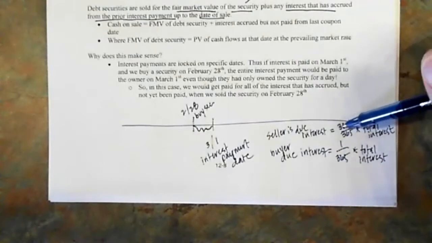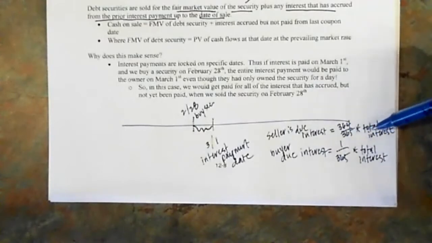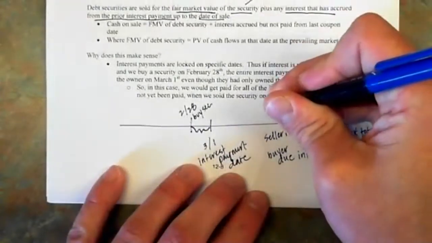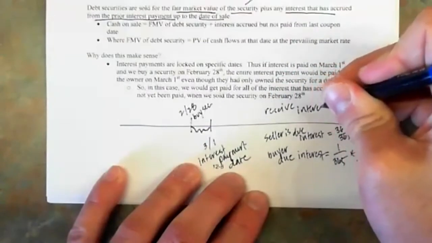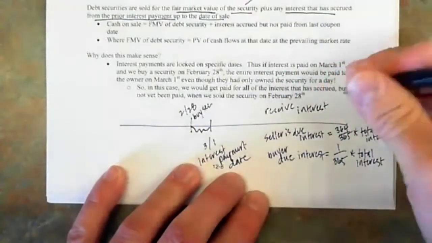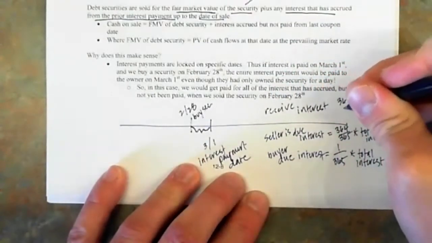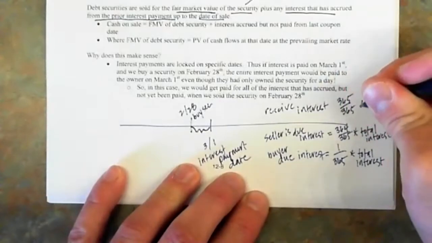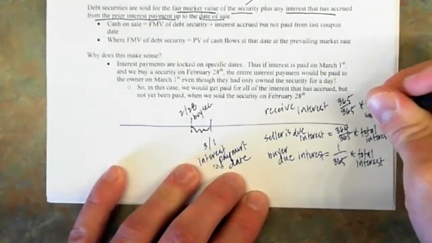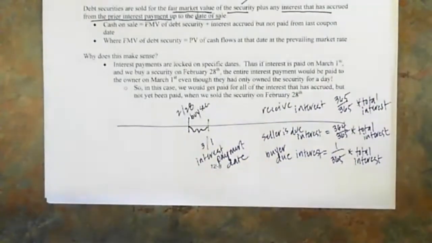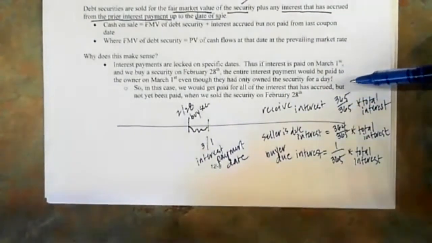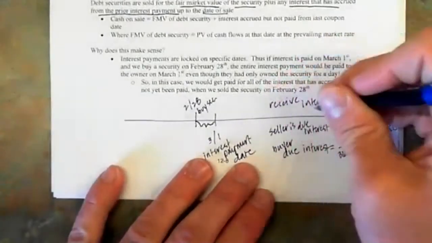So we pay this when we buy the security, then we receive on March 1st, all of the interest payment, right? The total interest payment, because again, it happens on a specified date and it all goes to whoever holds the interest on that day. So if you see, we're going to receive this in cash.